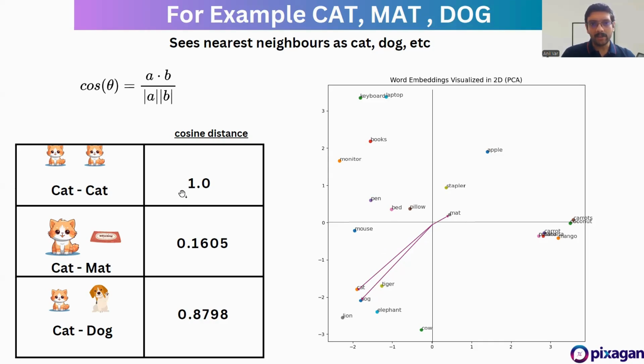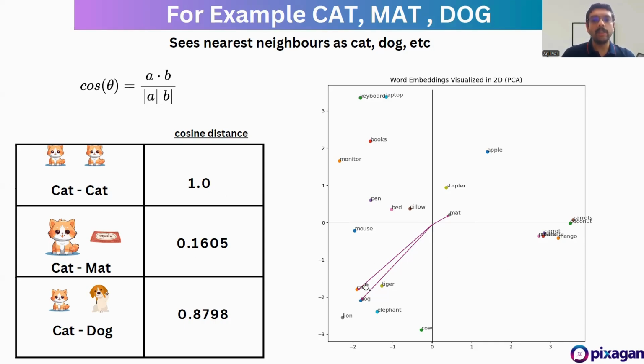So cat and cat, the cosine distance would be 1. Cat and mat, the cosine distance is 0.1, right? And we know that the farther away it is from 1, the smaller it is, farther away the words are. So this is quite far away. Cat and dog, much closer together. So we see how the word embedding is capturing the meaning.